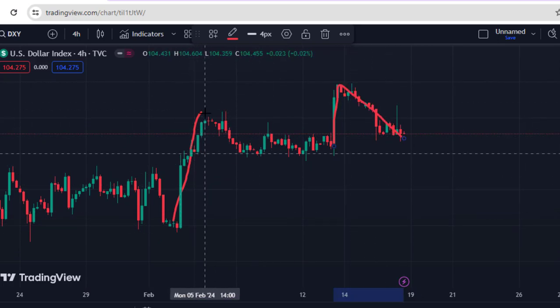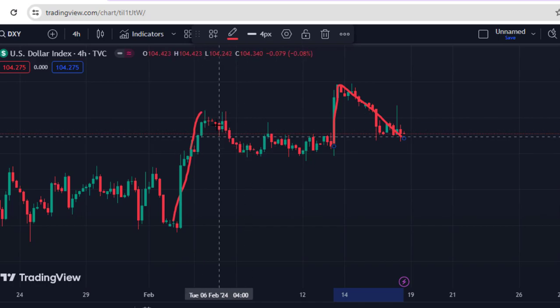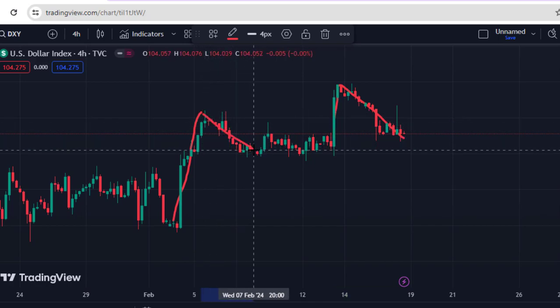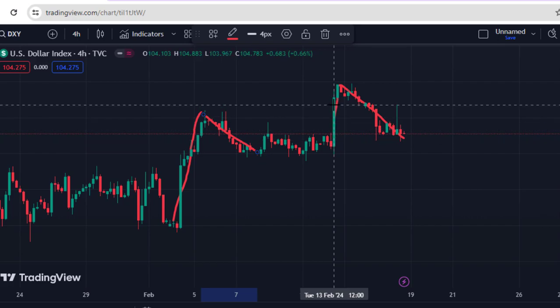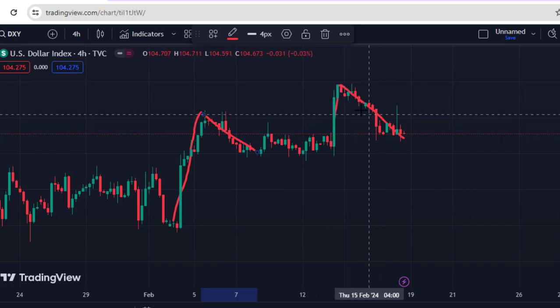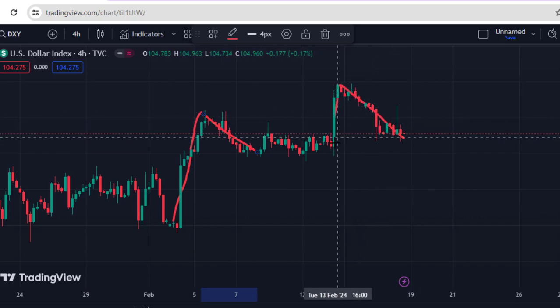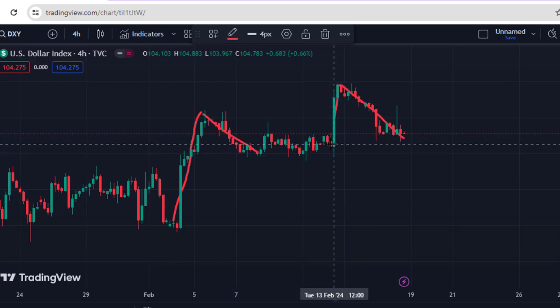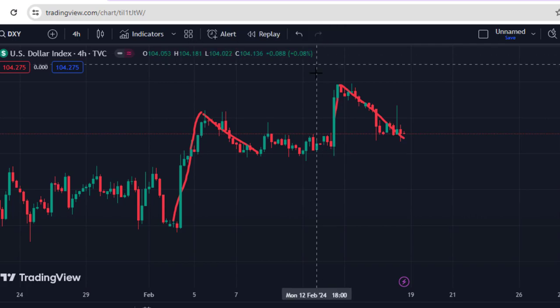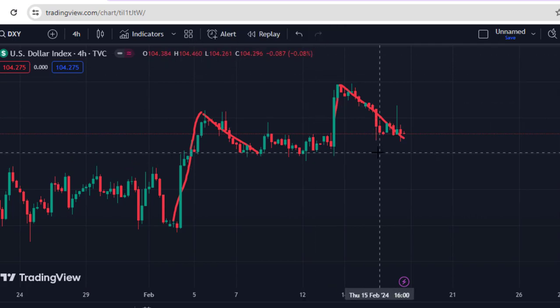Look at the way the market retraced at this point. The market retraced just a little bit before it moved upward, but now the market is retracing very, very significantly to the downside, approaching this level of important support right here on the chart, which is very important to us. So what this means is that the bulls are gradually losing strength on the DXY.